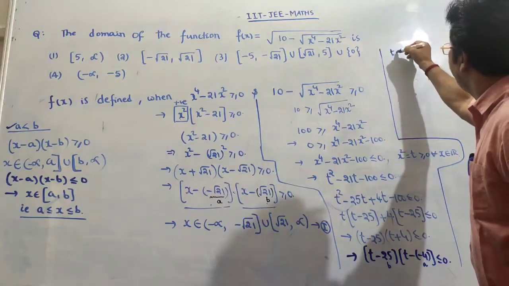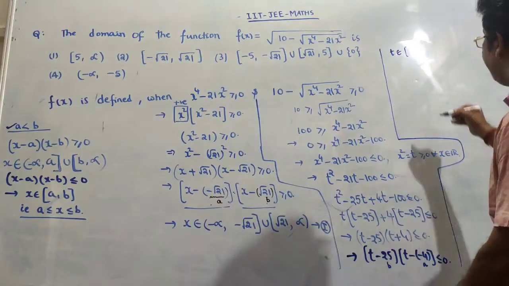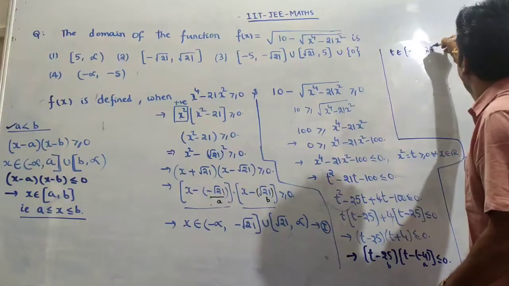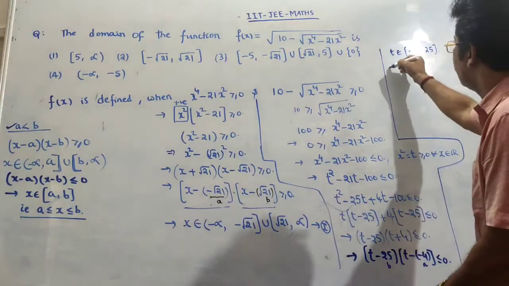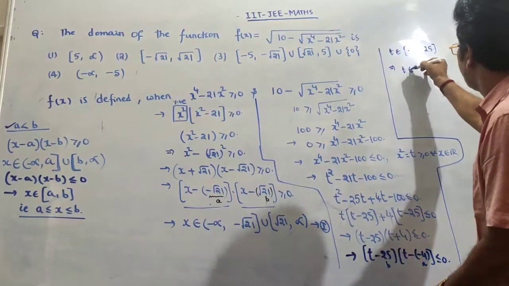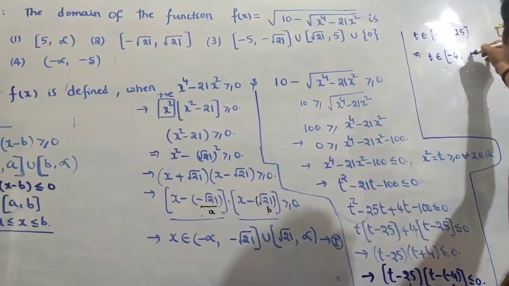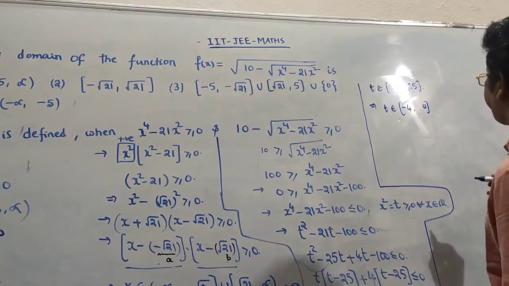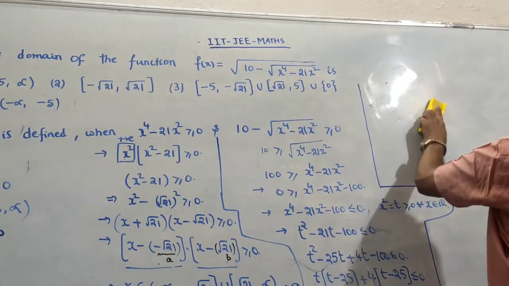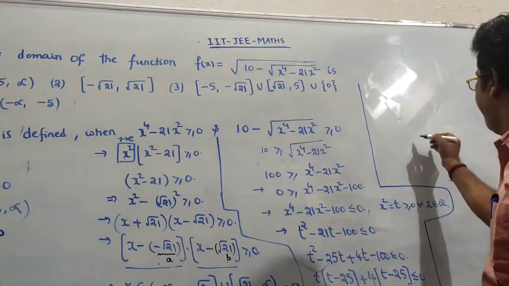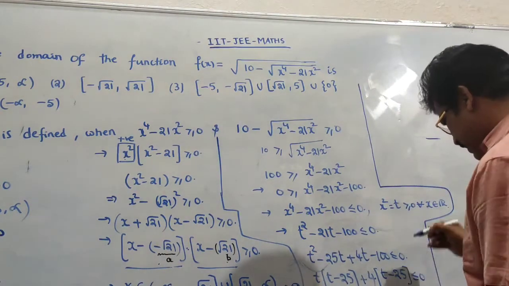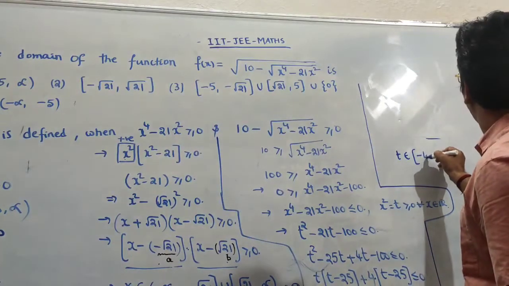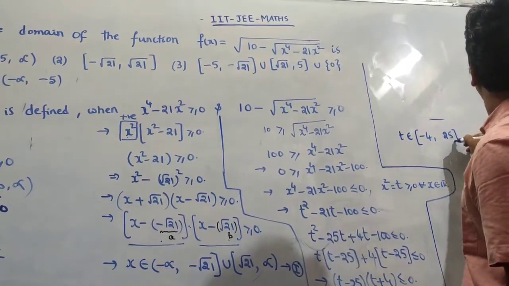So therefore here t belongs to the closed interval of a value minus 4, b value 25. So it follows that t belongs to, first we shall divide the negative part and positive part. Once again I will write here. Okay, it is visible. So t belongs to the closed interval of a value minus 4, next 25.